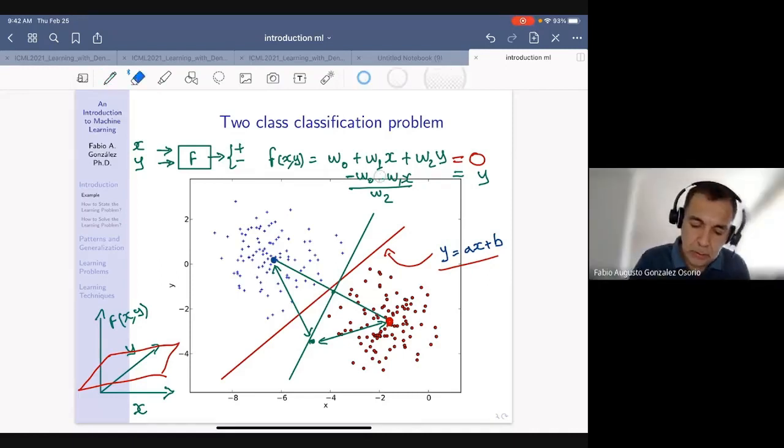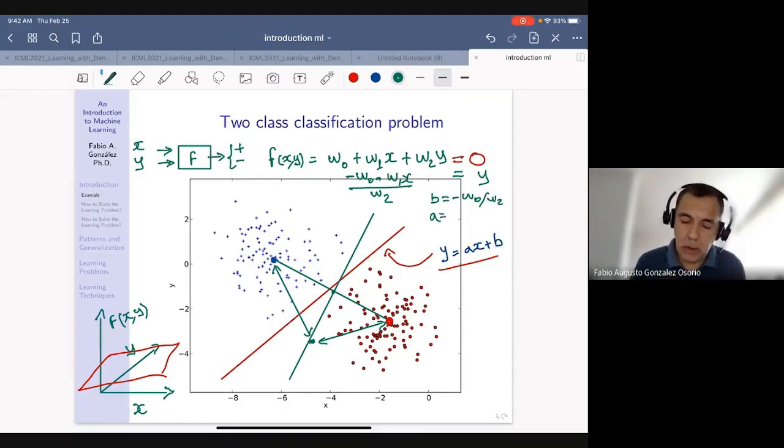Oh, sorry, yeah, you're right. Minus W1, right? So that means that B is equal to minus W0 divided by W2, and A is equal to minus W1 divided by W2. Okay, so that's right.